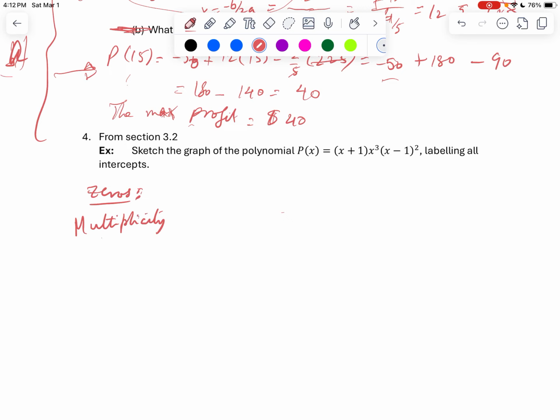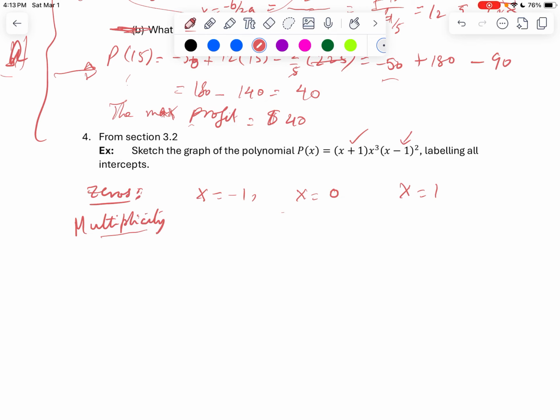So the zeros are, you can see from the first one, x is equal to -1. Then from the second, x is equal to 0. From the third, x is equal to 1. So the multiplicity of the first zero, how do you figure that out? You go to the polynomial and you look at the factor that gave you that zero.